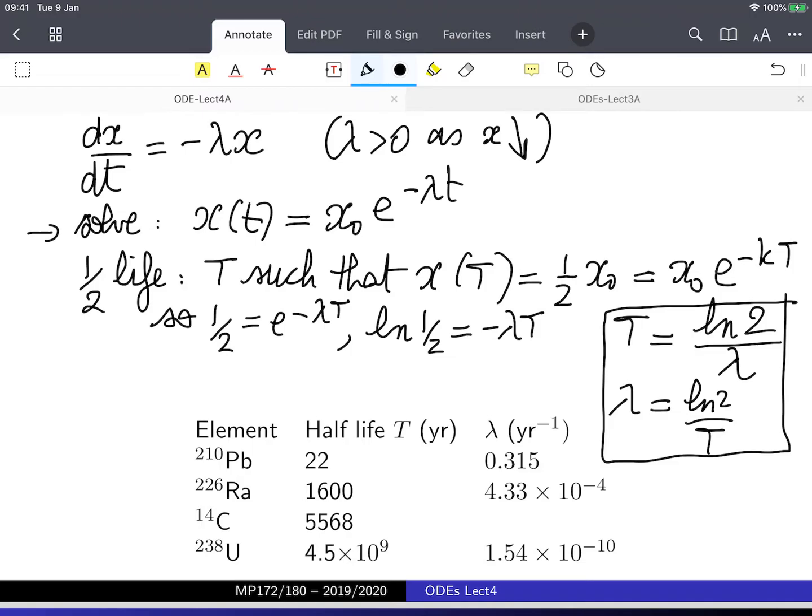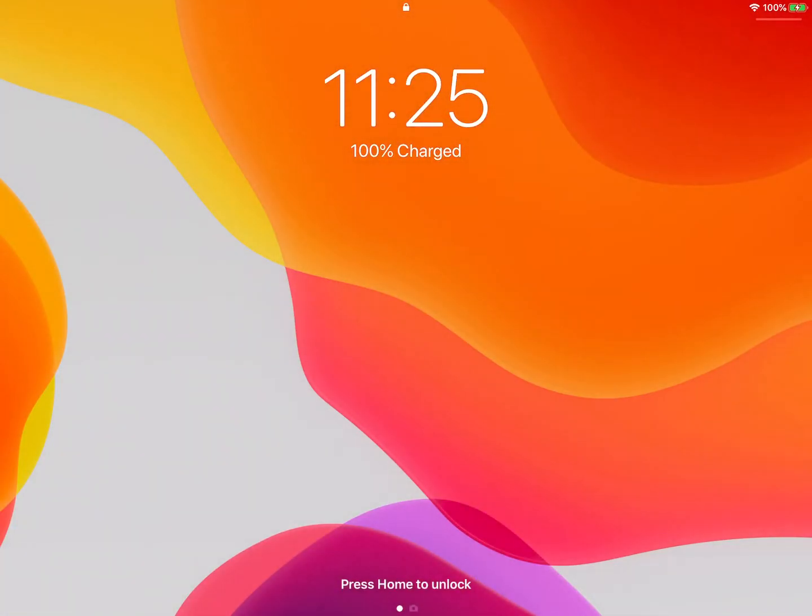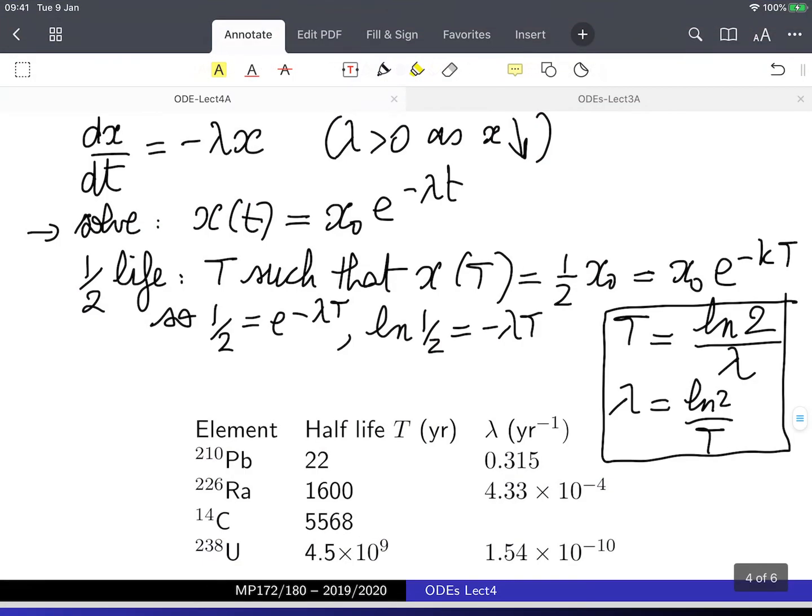Okay, let's do this then. If T is 5,000, then lambda is going to be log of 2 over T. So be careful. Go on now. Yeah.